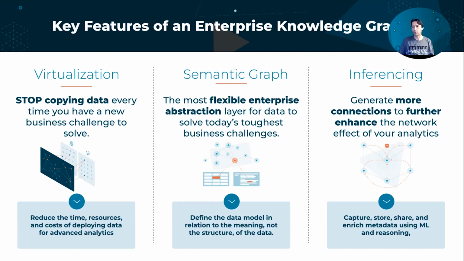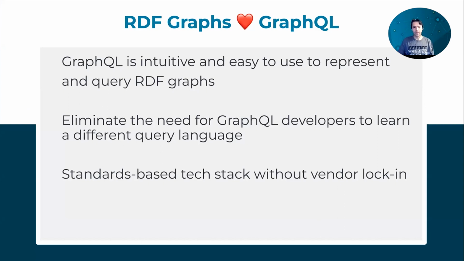And we are also using inferencing to add additional information to the raw data, add business logic that can be different based on whoever is querying the graph. And all these features work very nicely with GraphQL, as you have seen.